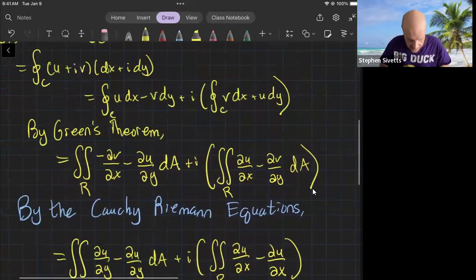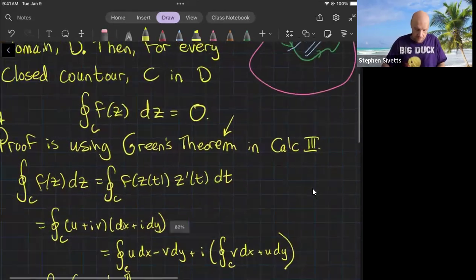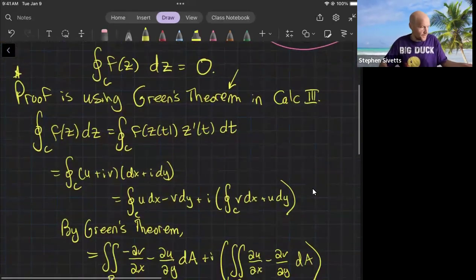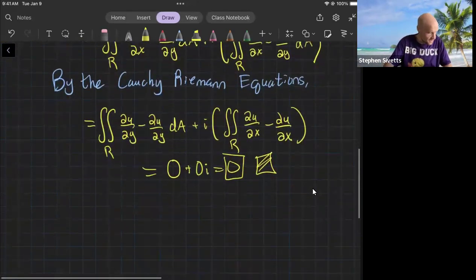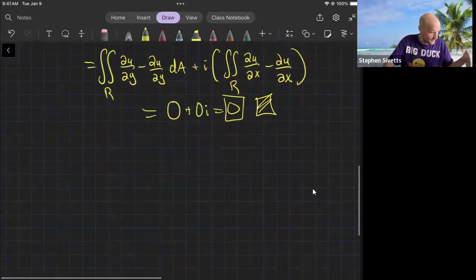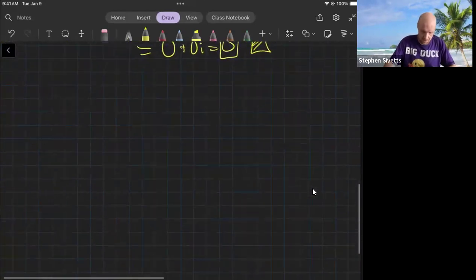So this is a pretty powerful theorem. Let's go over an example of how we would use this.